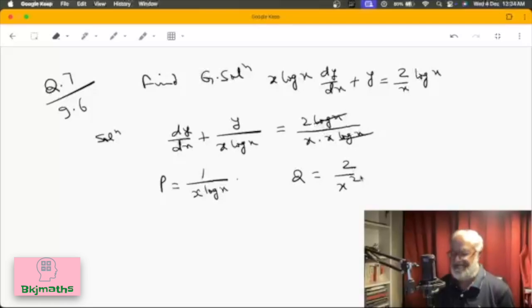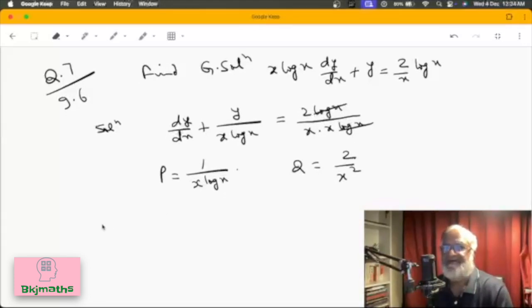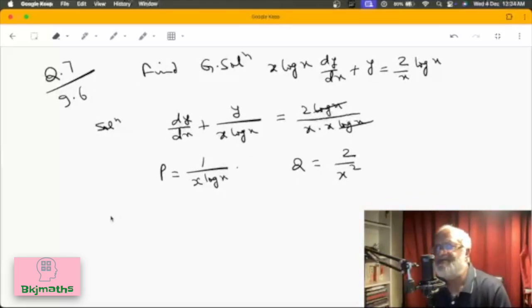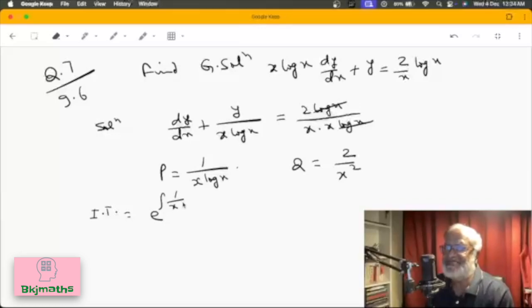Now find the integration factor. So integration factor is e to the power integral of p dx, 1 upon x log x dx.